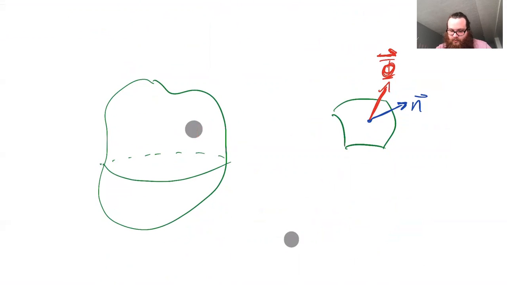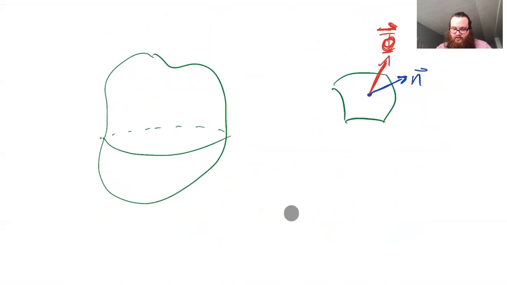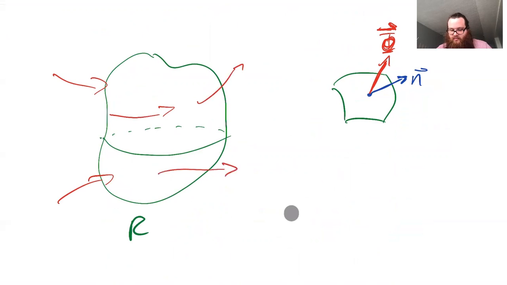Okay, so suppose this is our region R right here, and the flux we'll draw as a vector field, maybe like this, something like that. Okay, so just some notion of energy flowing. And so what we want to do is measure this flux at the boundary.